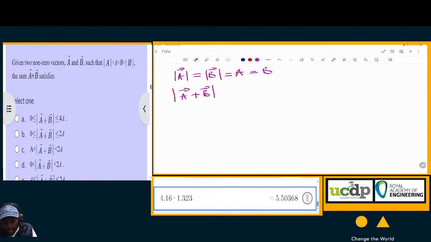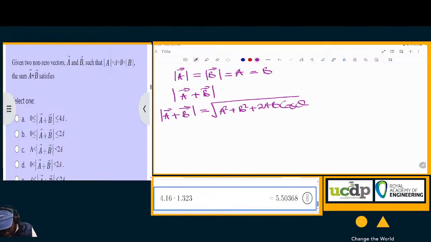So using the equation of vector addition, that is our vector A plus B, their magnitude. We won't derive the equation, but this is the equation for the magnitude of vector addition, which is A squared plus B squared plus 2AB cos theta.